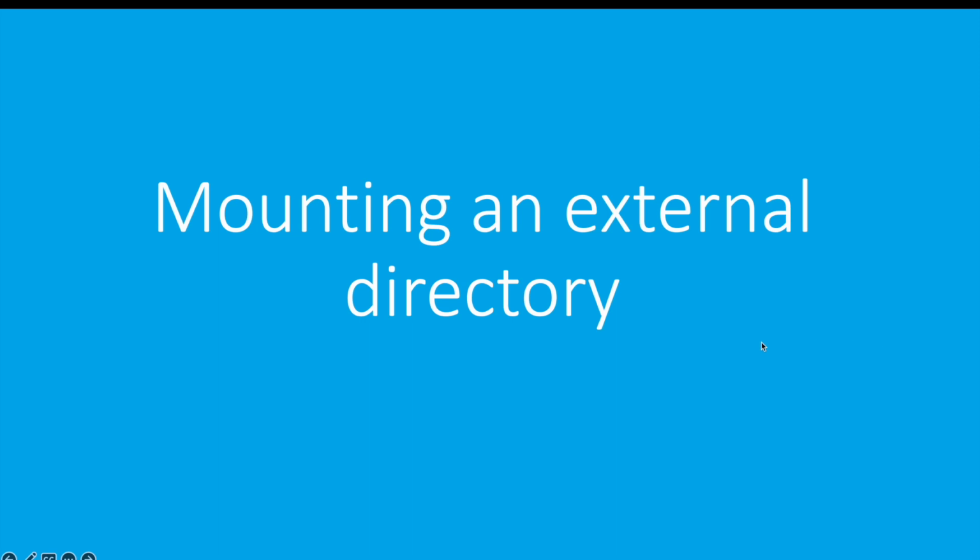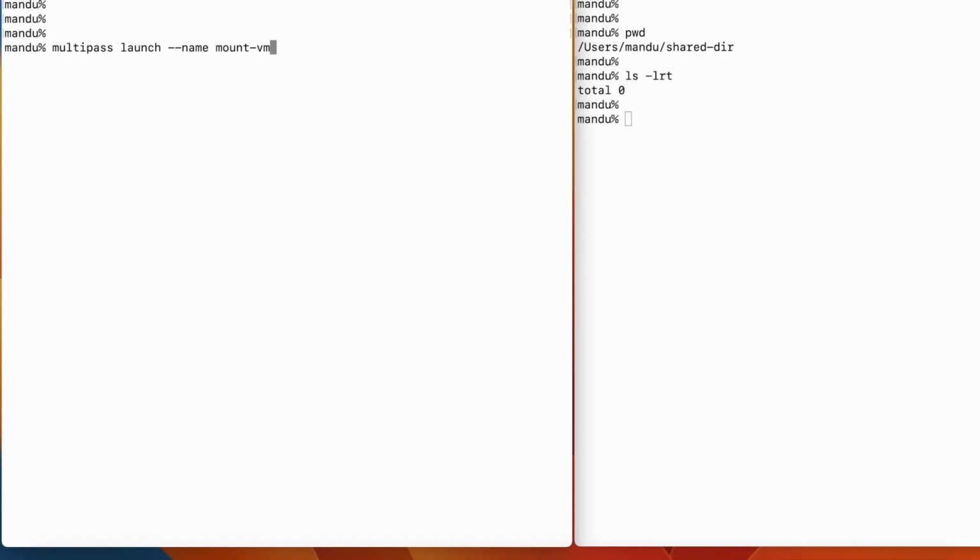Next, I am going to demonstrate how to mount an external directory with the VM. While running the launch command, we can use the --mount option to mount a directory. We have the shared directory in the local host.